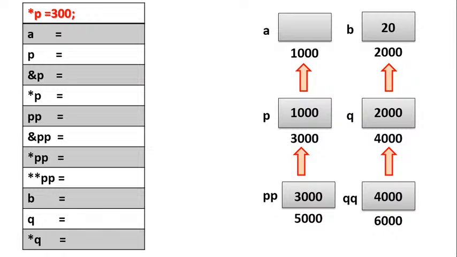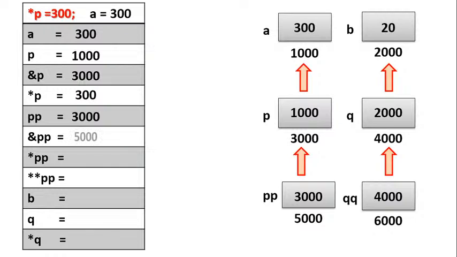Now star P is equal to 300. Okay, so what will happen? In place of star P, that is in place of A, 300 will come into play. Rest of the values will remain same, &P will be 3000 only, star P we have changed, so it is 300.